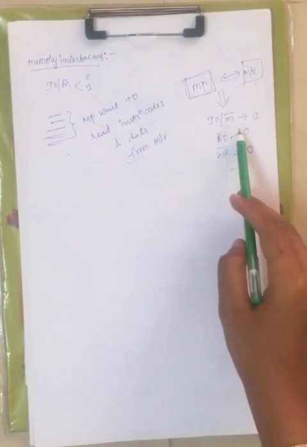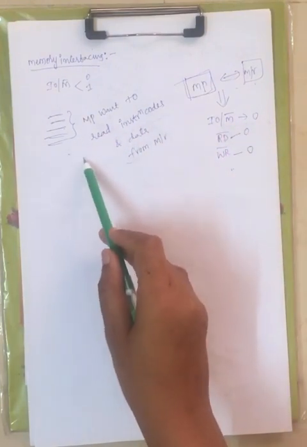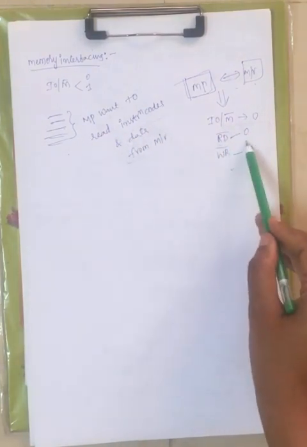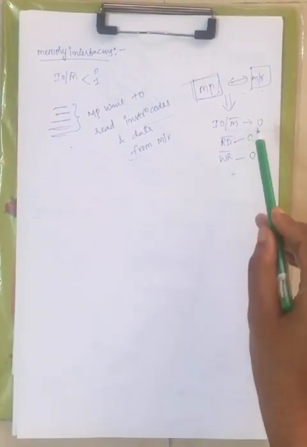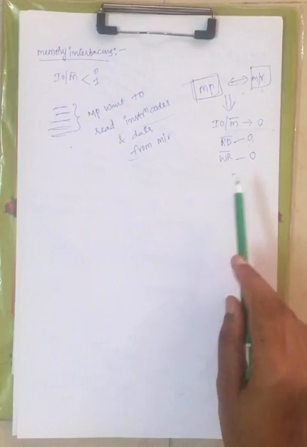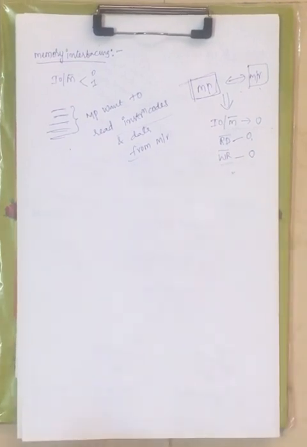One is IO/memory bar, which is always logic 0 because this is a memory operation. In order to read the data, we will use the read signal, and that should be active low for reading. And in order to write the data, we will use the write signal, and that should be 0 for writing the data. This is the basic reason to interface your microprocessor with the memory.